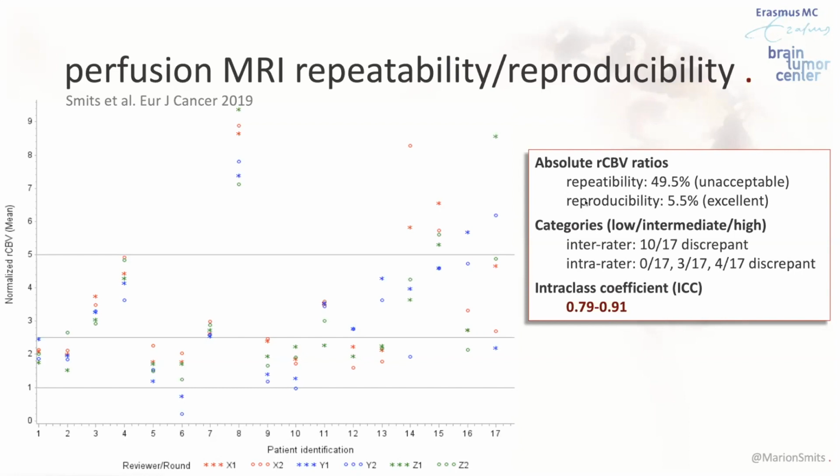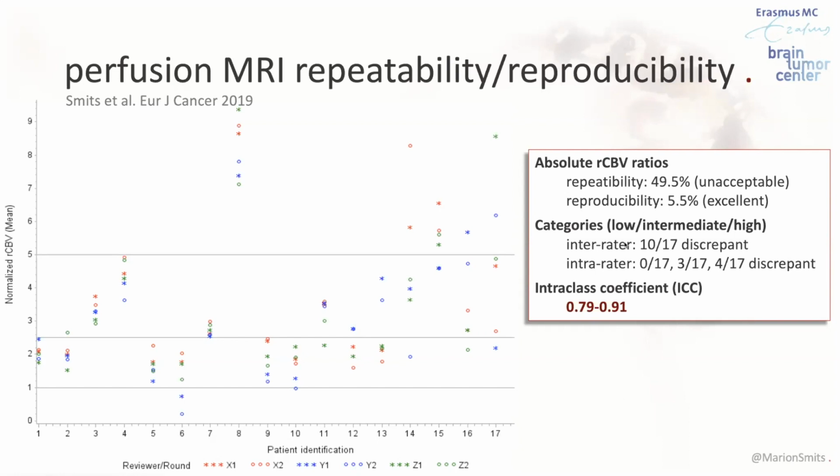And that is also reflected here in a very low repeatability. So we're not really there yet on using multiple raters and multi-site data to use perfusion imaging in a clinical trial.